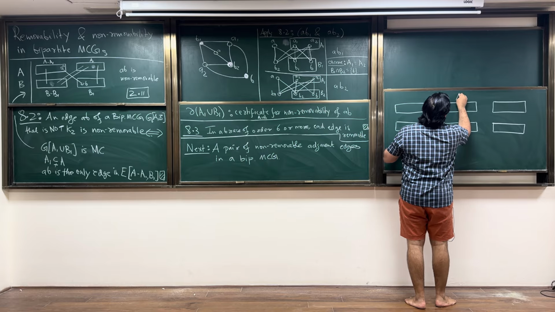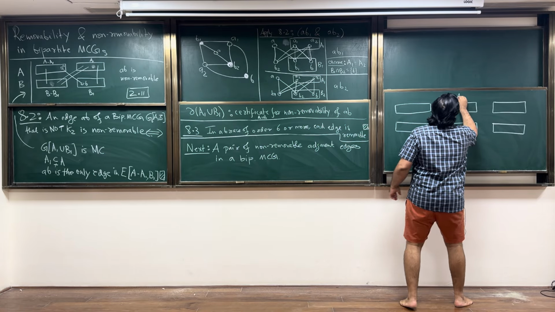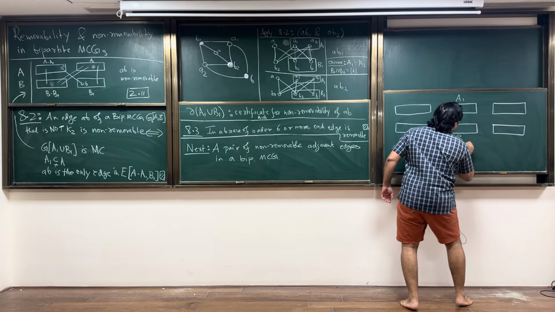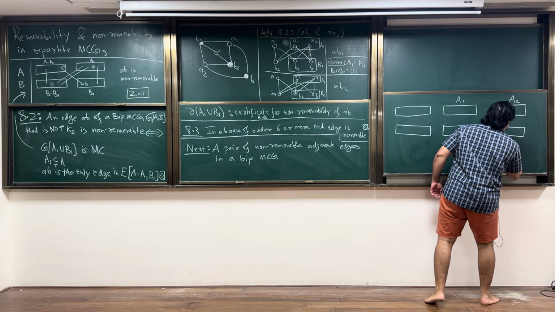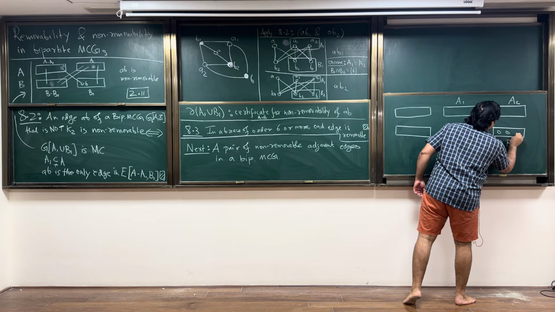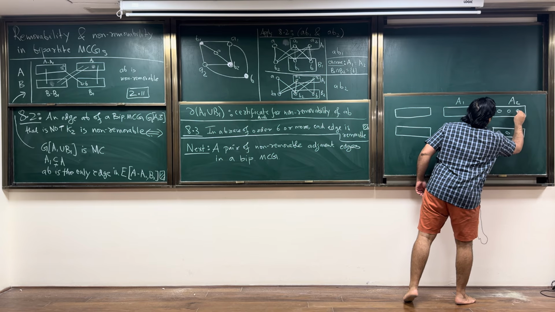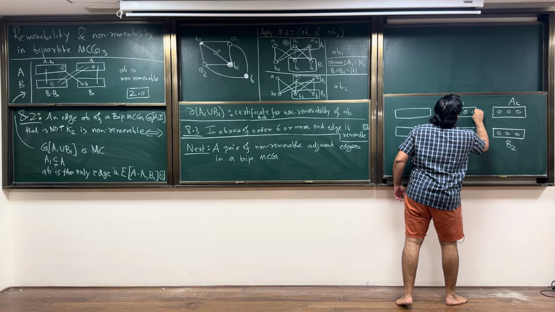So this would be my A1. Let me make sure I'm putting things the right way. A1, B1, yeah. If they were disjoint sets, then I would get a very nice drawing. Why is it nice? Let me explain that. For the sake of example, I will put some vertices, 3 here, 3 here, 4 here, 4 here.